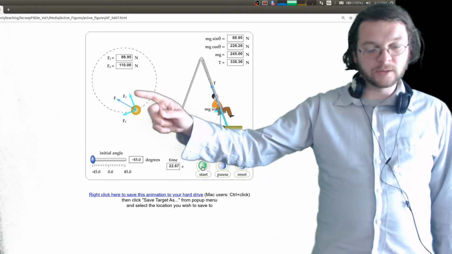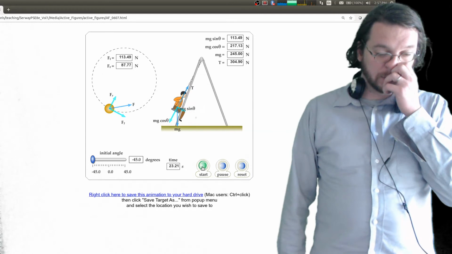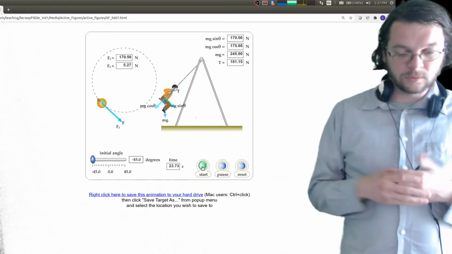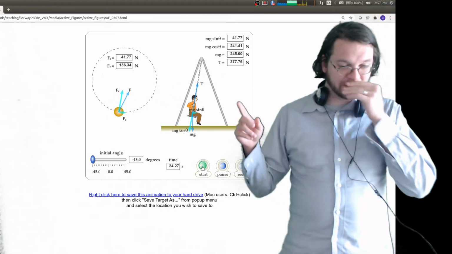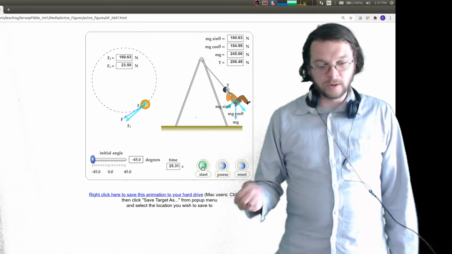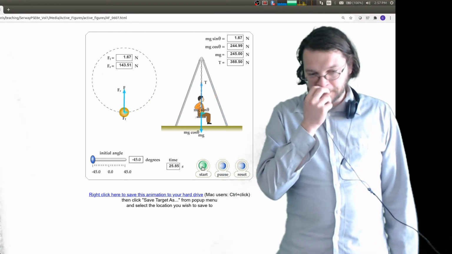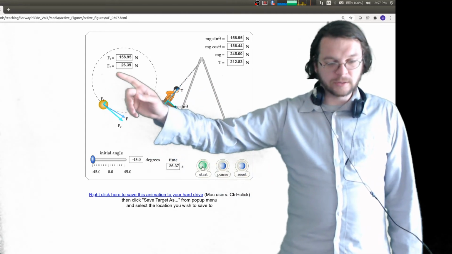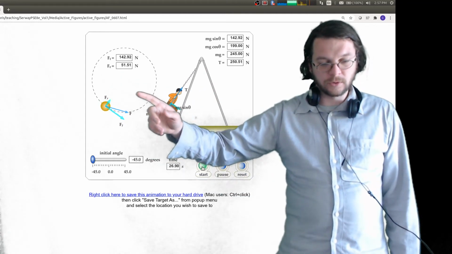And then this F_R thing is basically the balance of the two radial forces, and at the middle the tension is much larger than the weight pulling down, and so that varies as it goes through the motion as well.